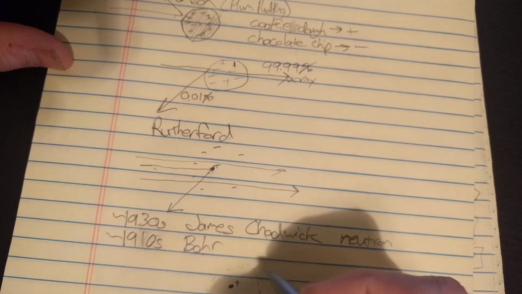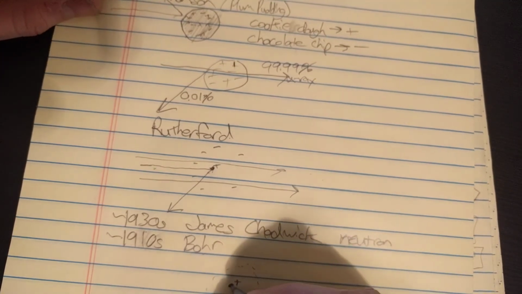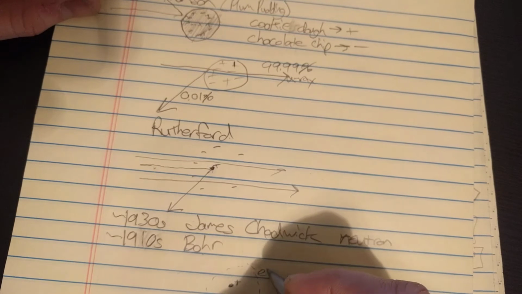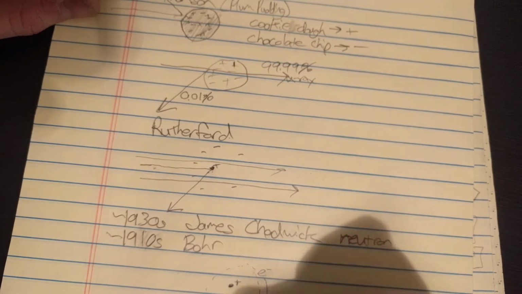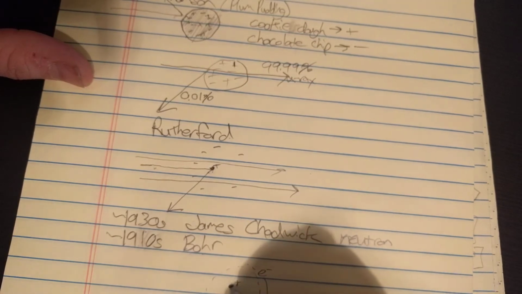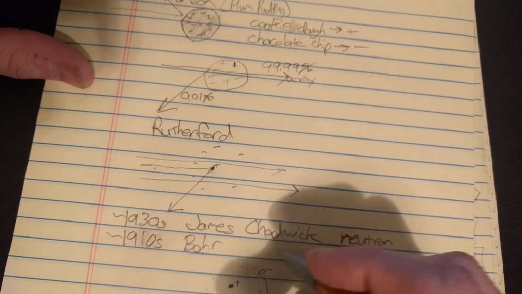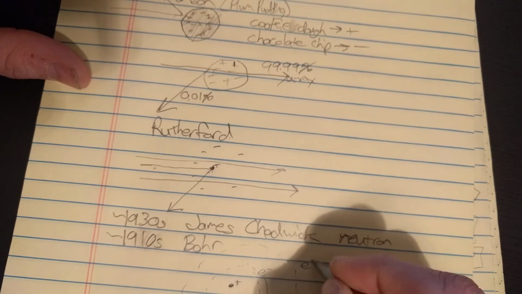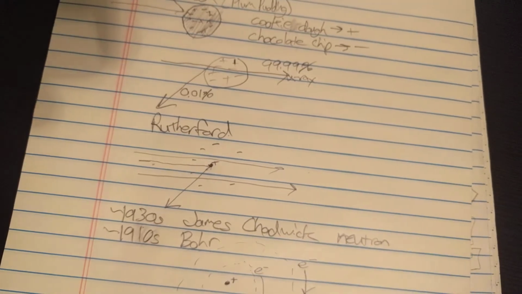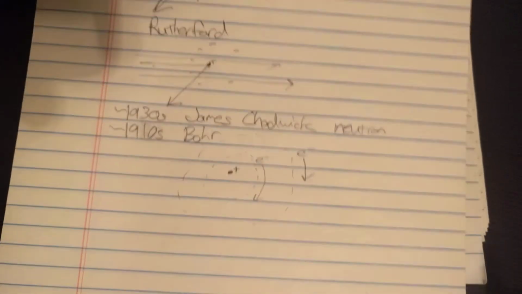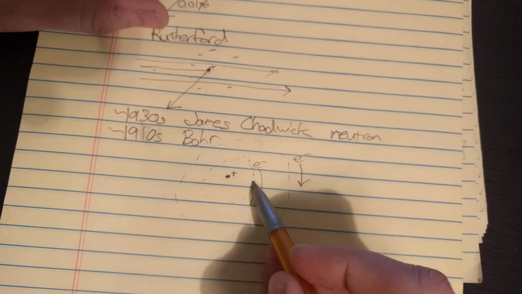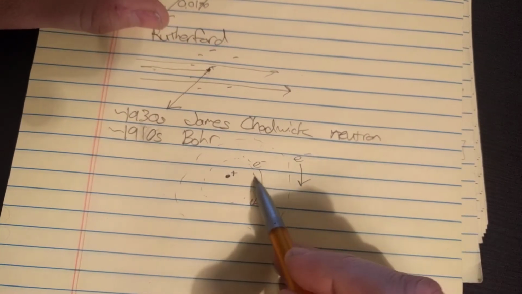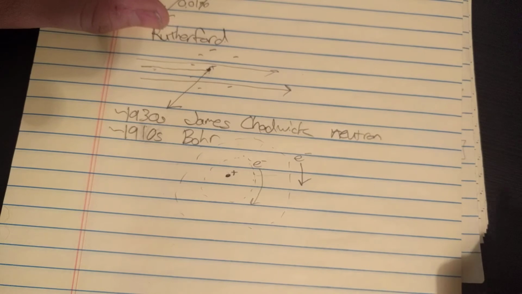That's what Bohr thought. So he said you have a positive nucleus and you have electrons going around in a circle. And they might be very close to that nucleus, or they could be farther away, but they can't be anywhere in between, is what Bohr said. So they can be at this inner circle or this outer circle, but nowhere in between.